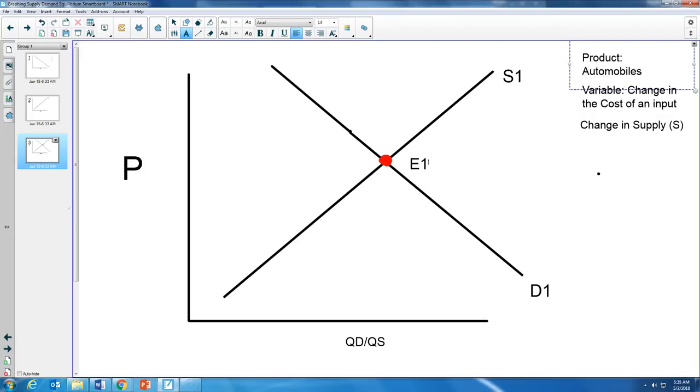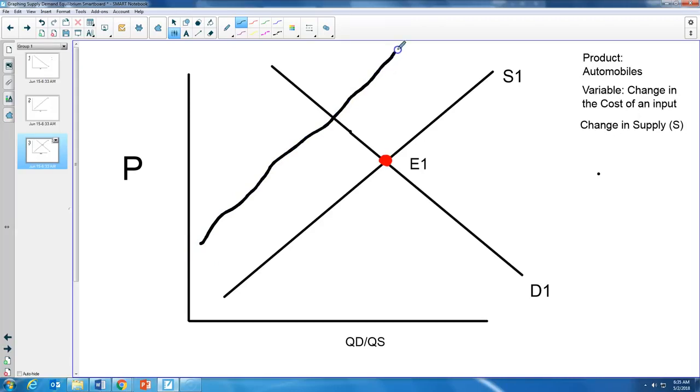So we're going to have to decrease the supply at every price level, which means we will be shifting our curve to the left. Just like before, to the left-hand side, I know this line's not perfect. We're going to do a parallel line to the left of the original supply line. Now we're going to label this S2. You can see that's moving to the left.